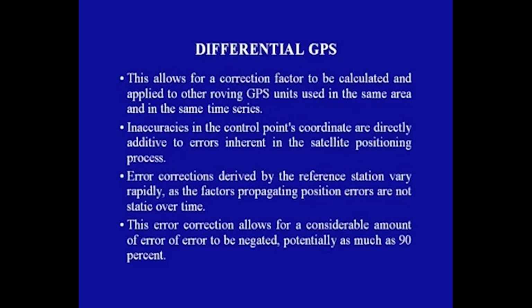It may be noted that by allowing for a correction factor to be calculated and applied to the roving GPS units used in the same area and in the same time series, inaccuracies in the control point coordinates are directly additive to the errors inherent in the satellite positioning process. Error corrections derived by the reference stations vary rapidly, as the factors propagating position errors are not static over time. This error correction allows for a considerable amount of error to be negated, potentially as much as 90%.